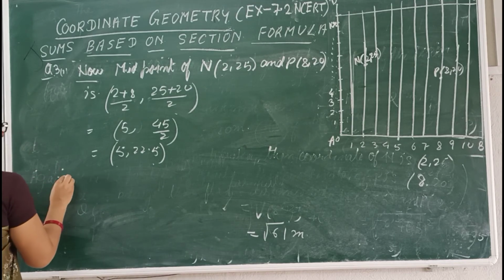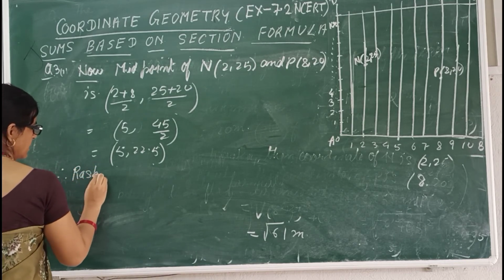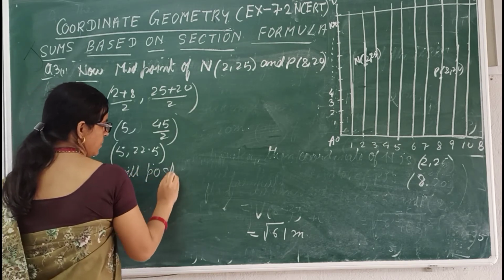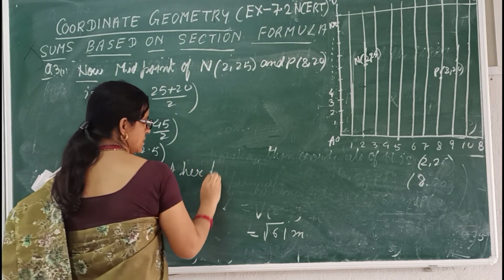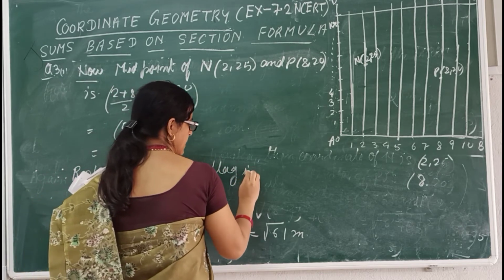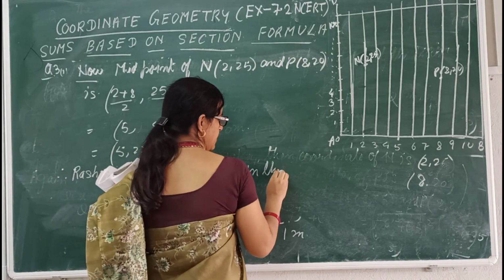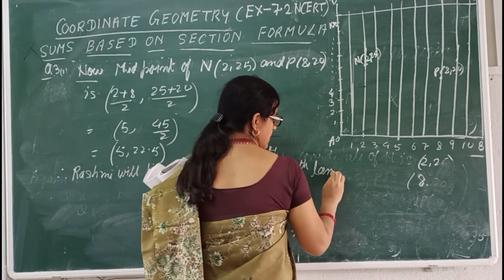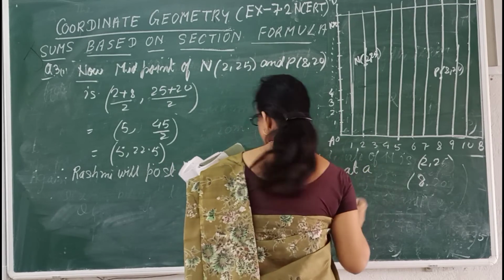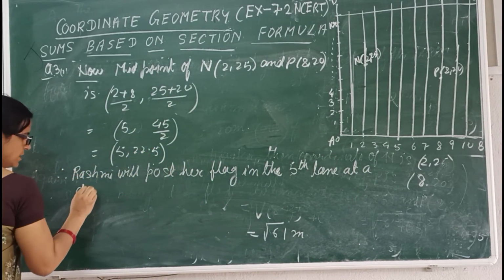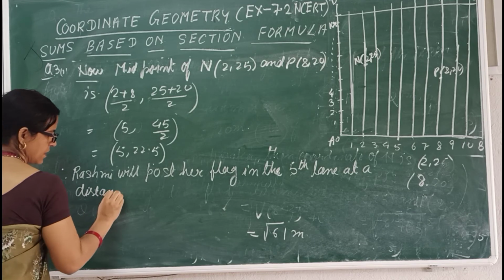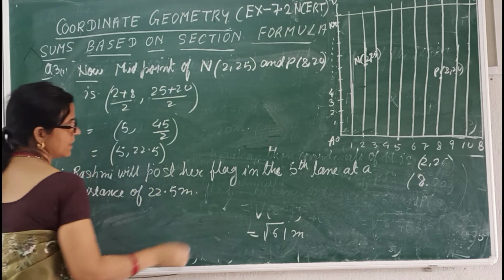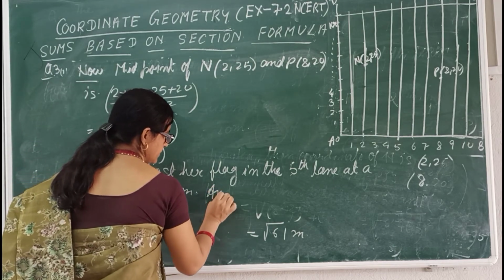So therefore, Rashmi will post her flag in the 5th lane at a distance of 22.5 meters, and this is the answer.